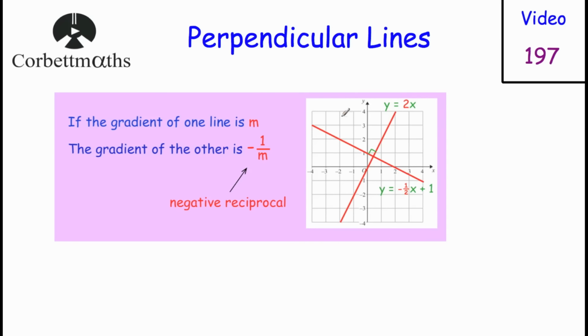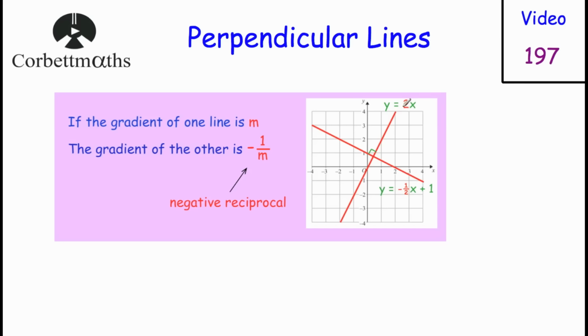Here we've got the Corbettmaths revision card, and as you can see we've got an example of a pair of perpendicular lines. We've got the line y equals 2x, which is going up in this direction, and going down in this direction we've got y equals minus a half x plus 1. As you can see, these two lines cross at 90 degrees. One thing to notice about their gradients is that here we've got 2 and here we've got minus a half.